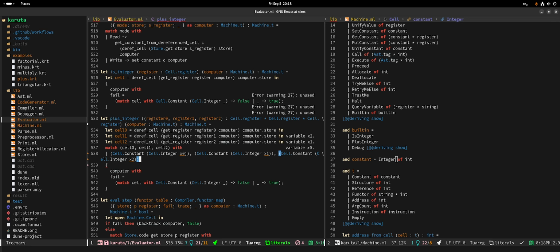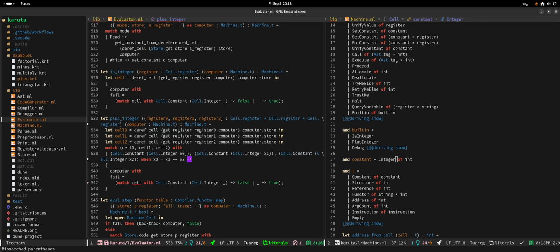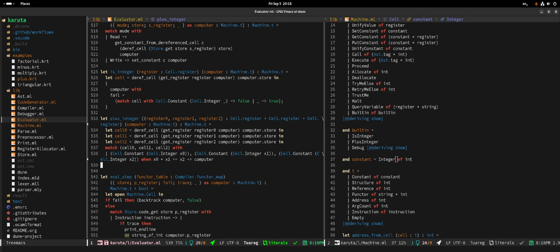And if that's the case, when there's a side condition, when x0 plus x1 equals x2, then we just return the computer basically. That is okay. We just return the computer. Let's actually nuke all of this.